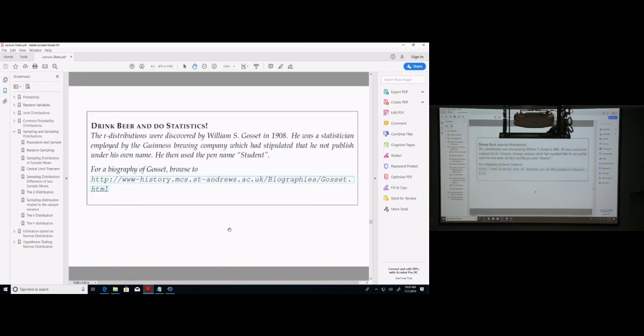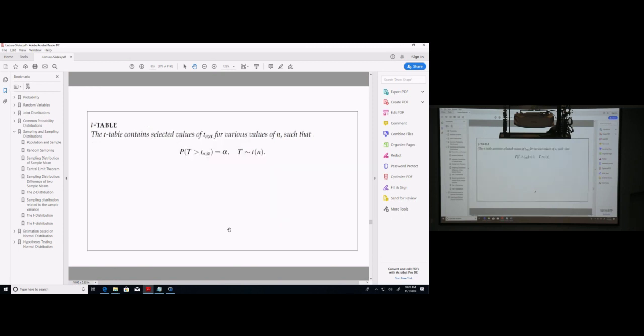This is a little bit of the history of the t-distribution. Sometimes people call it Student's t-distribution, and this is where the history was. And again, the emphasis is now on this number, the quantile, counting from the right-hand side, all right?